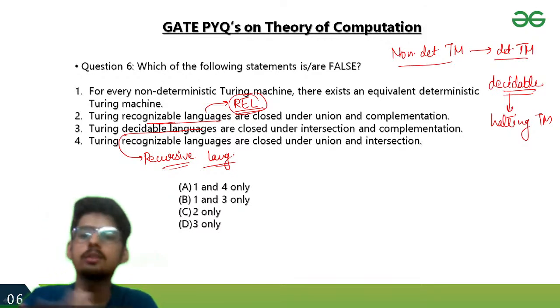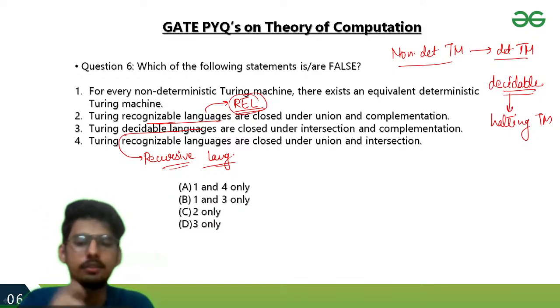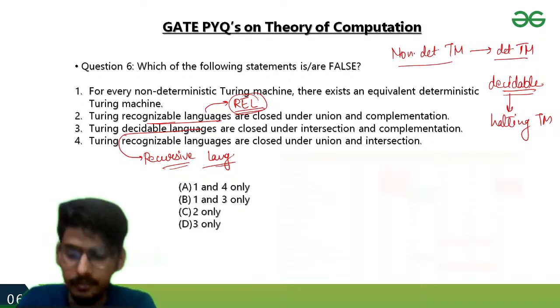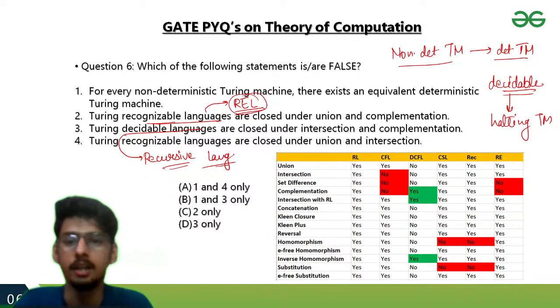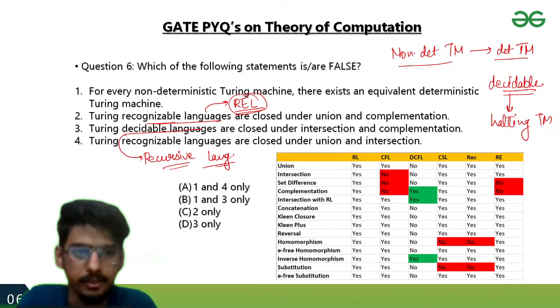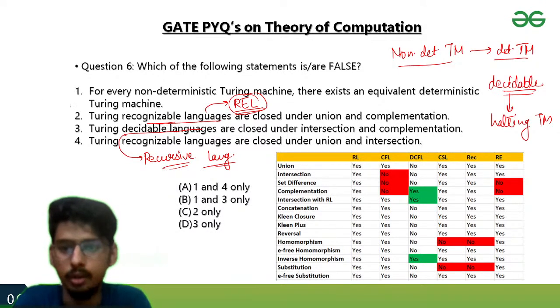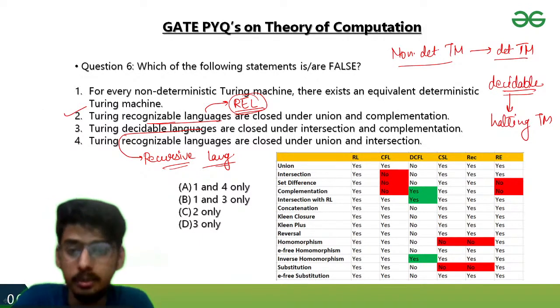Now the question boils down to the properties of recursive languages and recursively enumerable languages, for which you have this closure property table. Recursively enumerable languages, RE, are closed under union.